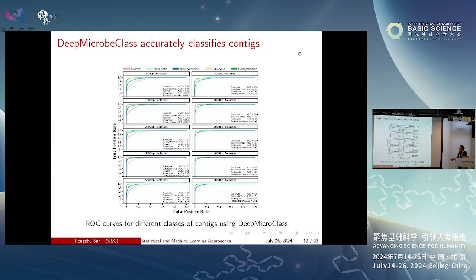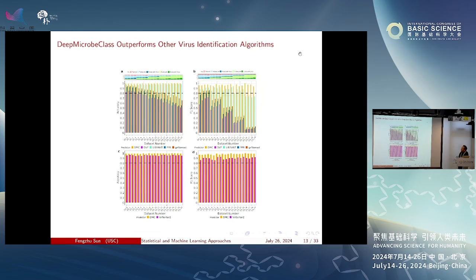Okay, the other thing that we validated is through some simulated data. We simulated various environments with different combinations of prokaryote, eukaryote, viruses, and plasmid, and we have 20 different scenarios.